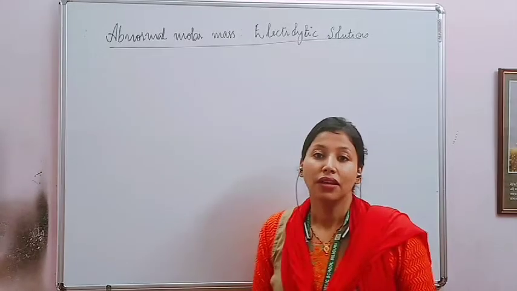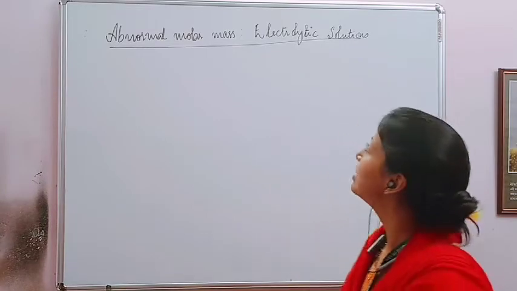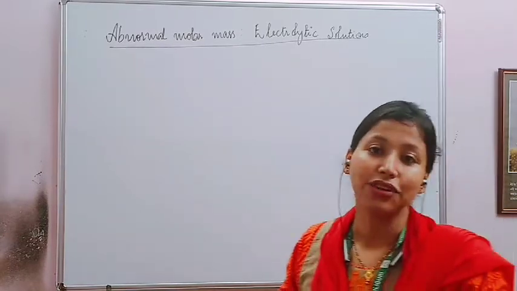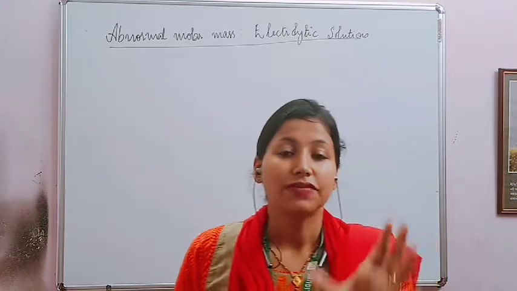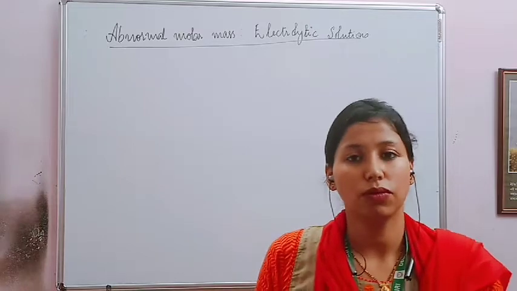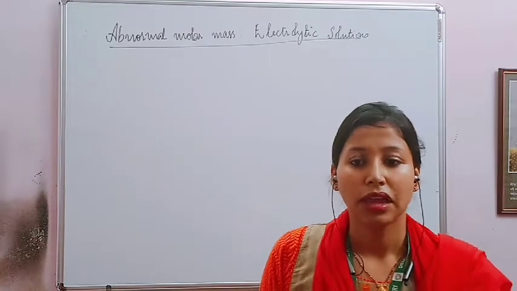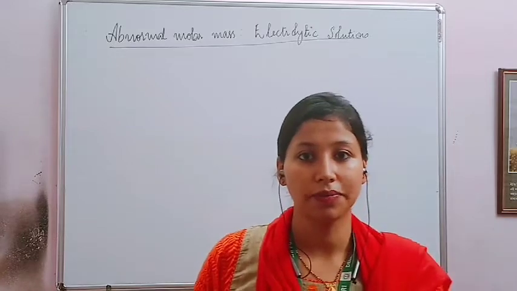Okay, so the next topic is abnormal molar mass of electrolytic solutions. Now, the very term abnormal molar mass will strike you. What is abnormal molar mass? Till now, you have been doing only molar masses of solutes, right?